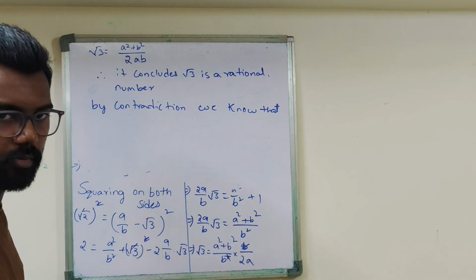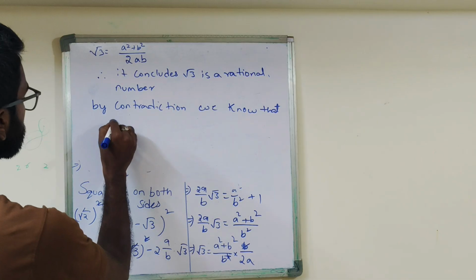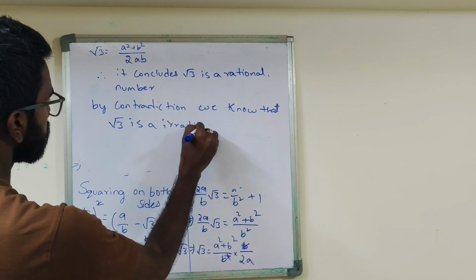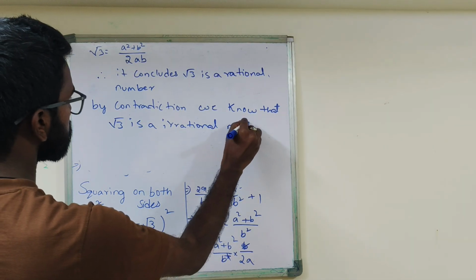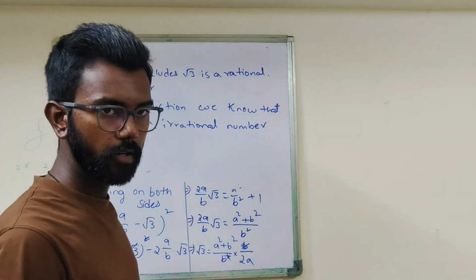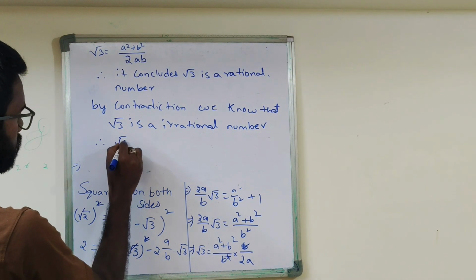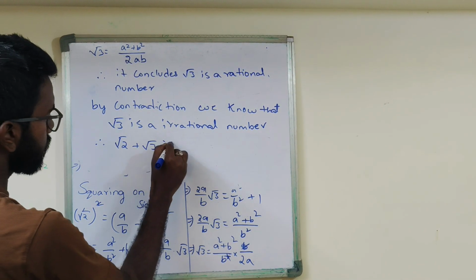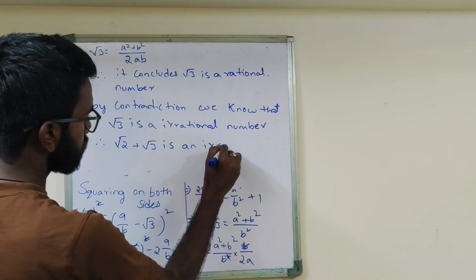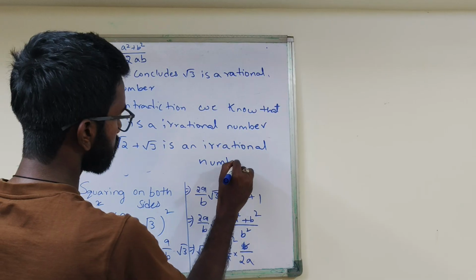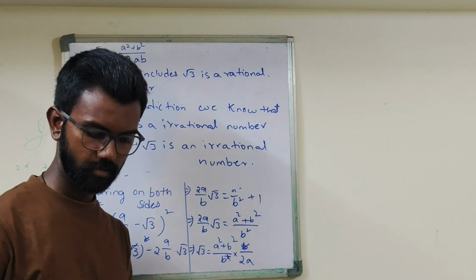It cannot be written in the form of p by q. Root 3 is an irrational number. Therefore, root 2 plus root 3 is an irrational number. Understood? That's it.